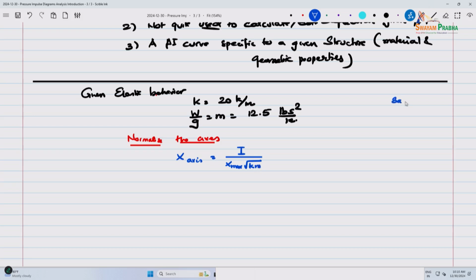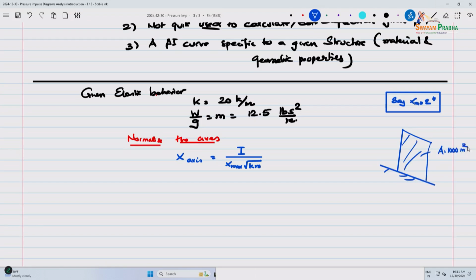Say x max, the damage level, is 2 inches. And the area exposed, let's say it's a cantilever wall and the area exposed is 1000. This is just illustrative, not an exact example.